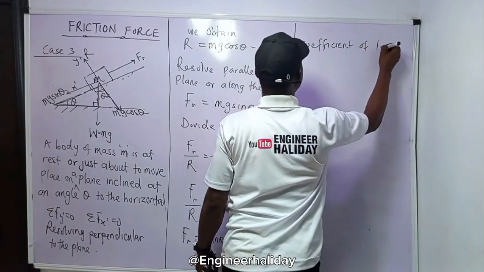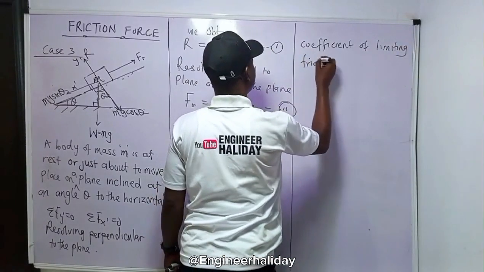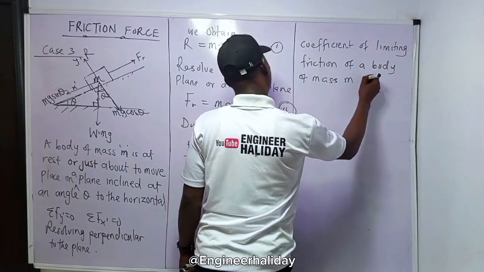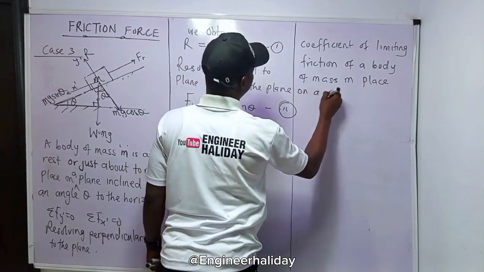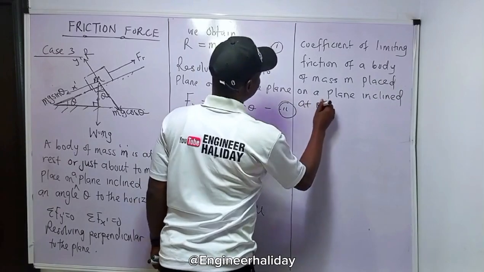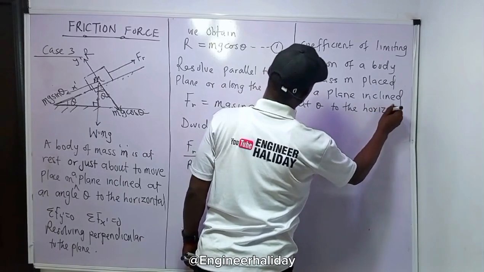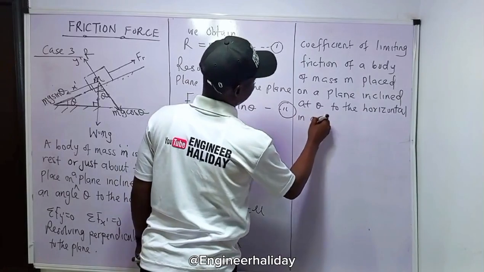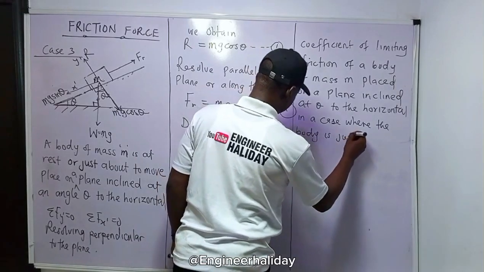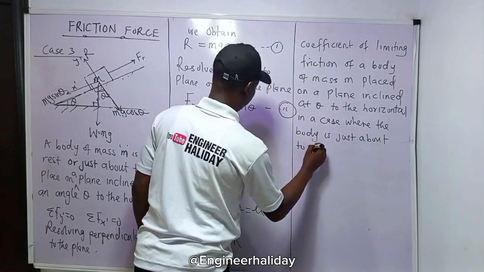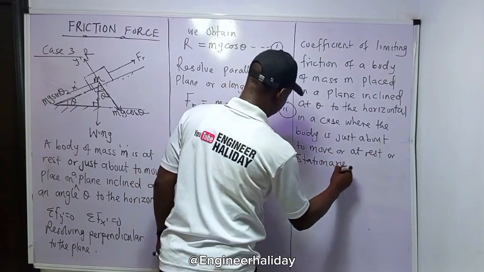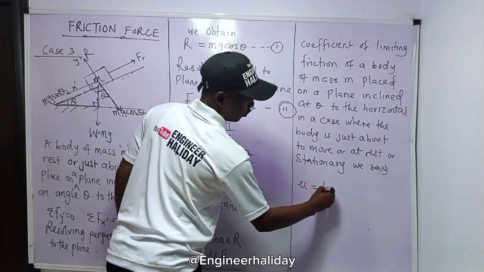So the coefficient of limiting friction of a body of mass m placed on a plane inclined at theta to the horizontal, in a case where the body is just about to move or at rest or stationary, we say that mu equals tan theta.